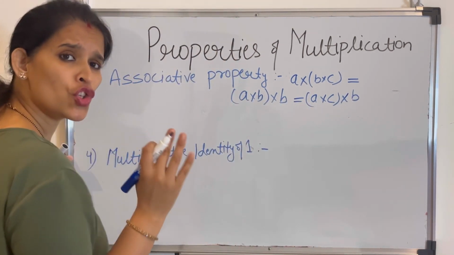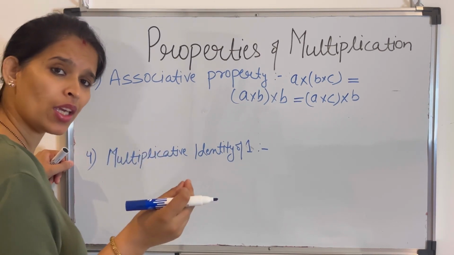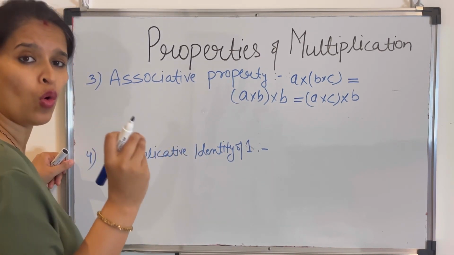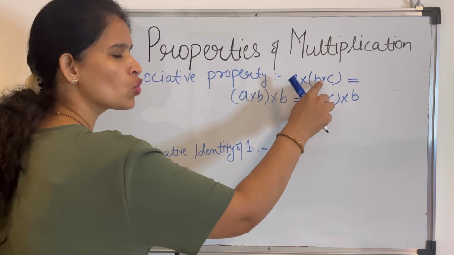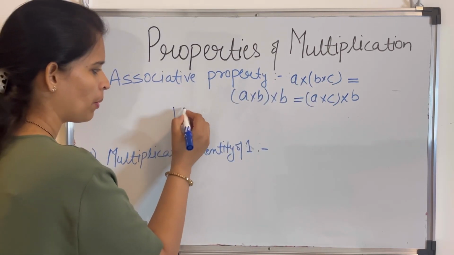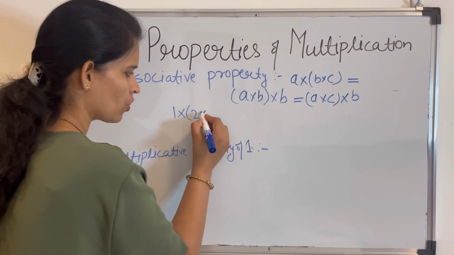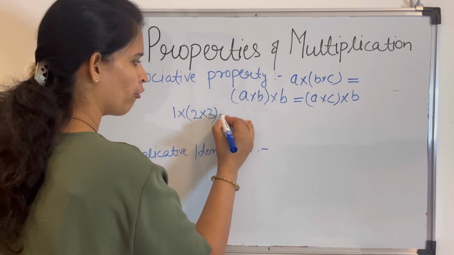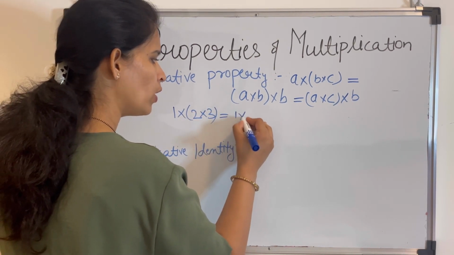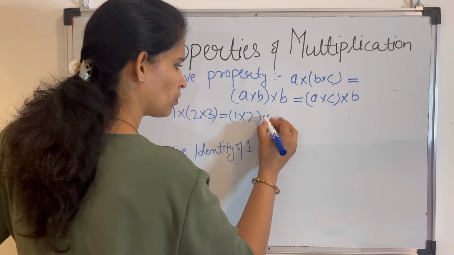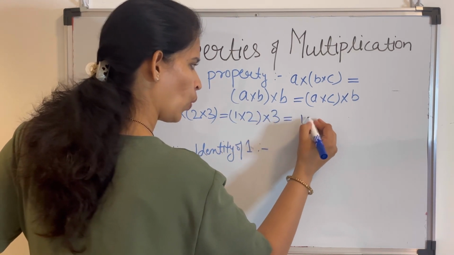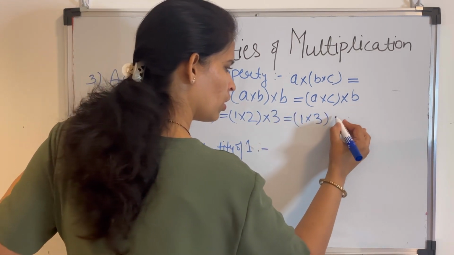So let us check through one example. I am taking 1, 2, 3 as whole numbers, like A is 1, B is 2 and C is 3. I am just taking these three numbers to verify whether this property holds or not. 1 into (3 into 2).